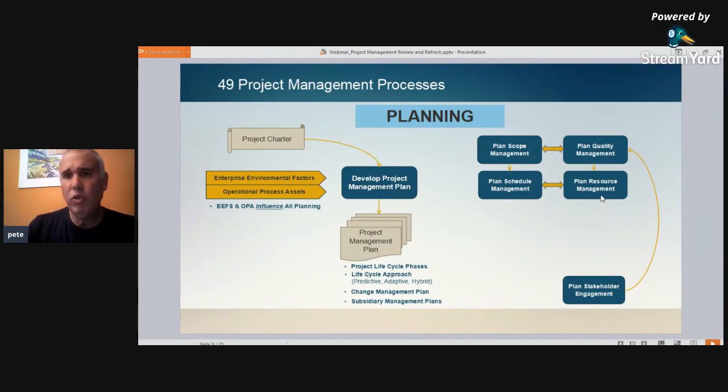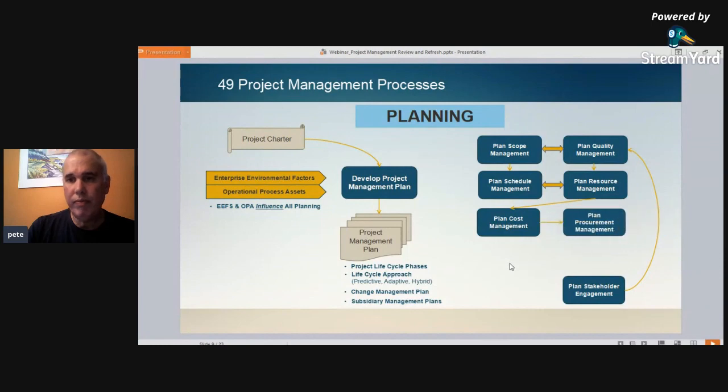It's going to influence the grade of the materials that you use. And that all has a time component that will be reflected in your schedule management plan. Resources come at a cost. You're going to have a cost management plan. How are you going to manage project costs? If you're going outside your organization, how you spend the money is going to be reflected and controlled and planned within a procurement management plan.